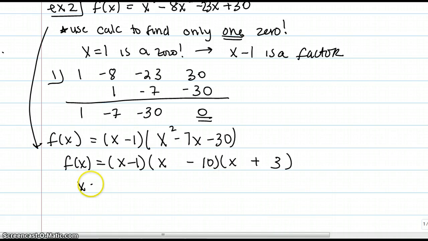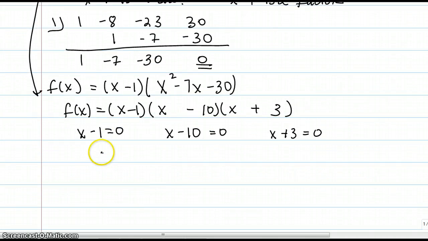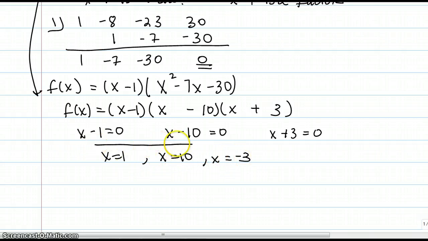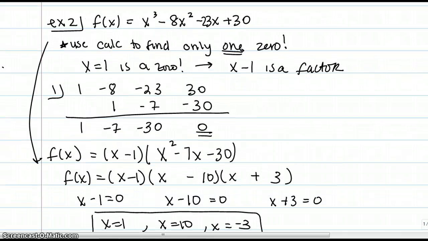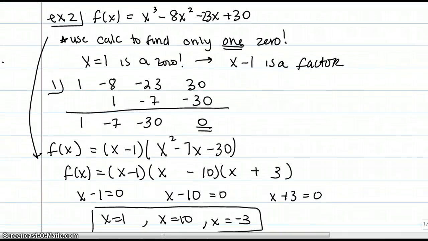Now I just need to set each factor equal to 0, because that's what I'm looking for. I'm looking for the zeros, or sometimes we call them solutions. So x equals 1, x equals 10, and x equals -3. Those are the three solutions to our polynomial. So what you've seen today is me use synthetic division to find all the zeros of the function.